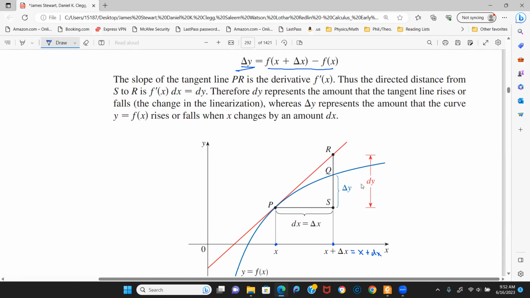And then you have delta y, which is the change in the function, so the change in the y values, I should say.